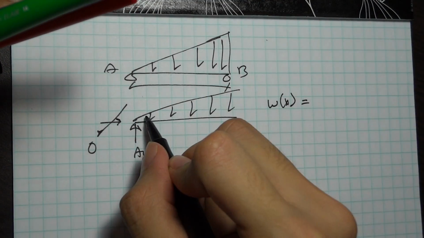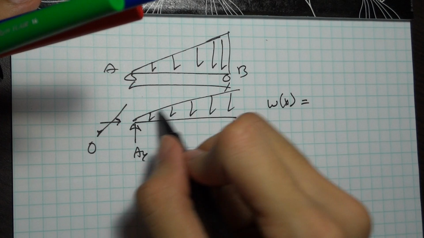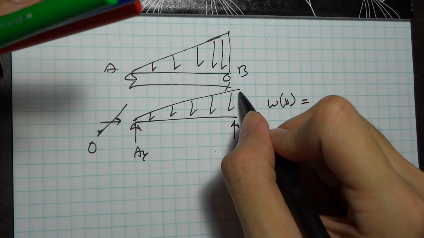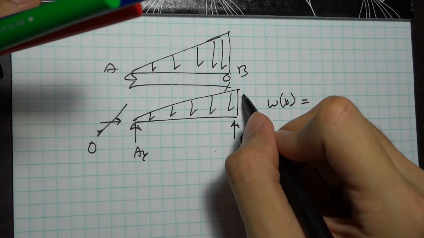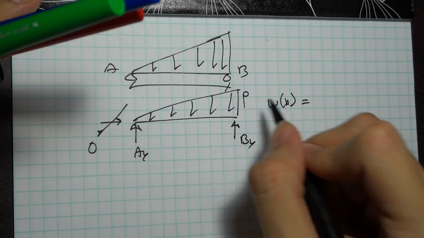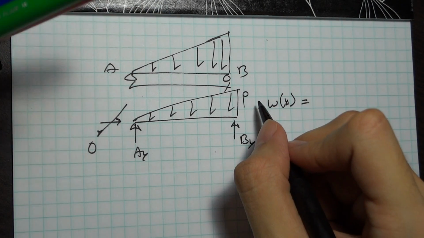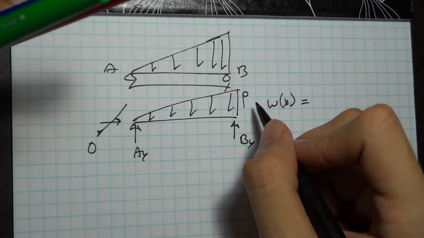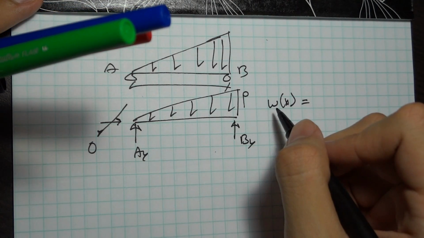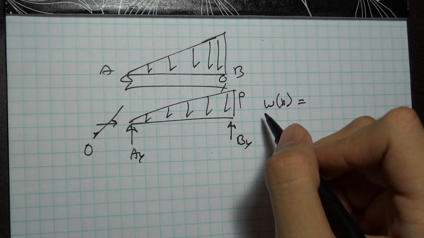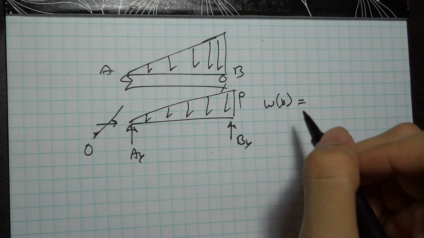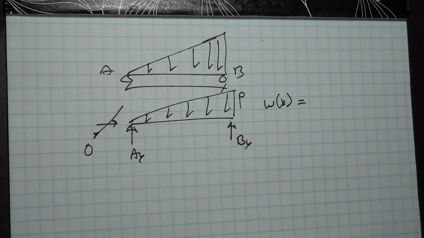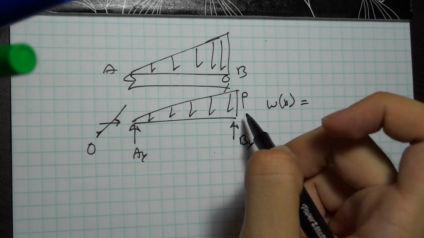So we want to find the slope of this line. So let's call this end, we'll call this P. Normally P is used for a point load, but if I call this W, then I'm going to get my W's and my Omegas mixed up. And you're going to hear me correcting myself like every 10 seconds. And that's not helpful for either of us. So I'm going to call this P over here.